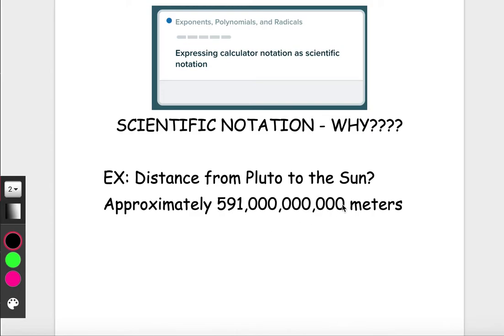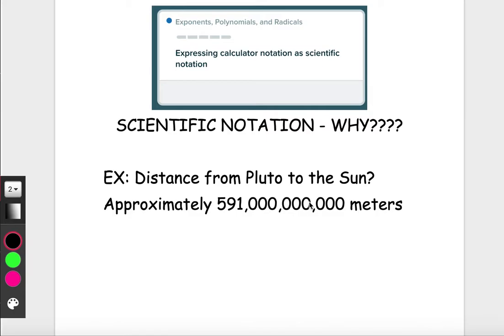There's 9 zeros in this thing, and this is a relatively small number compared to some of the numbers they talk about when dealing with outer space. If you're talking about the distance of a star to Earth, you're talking about huge numbers.